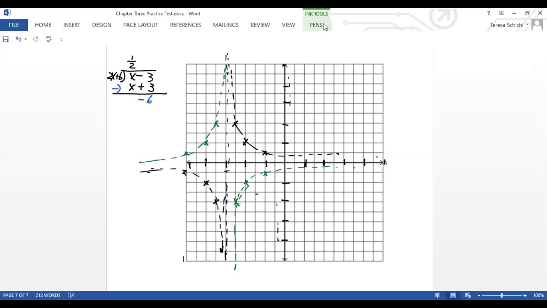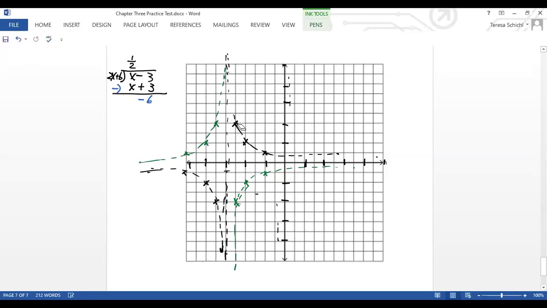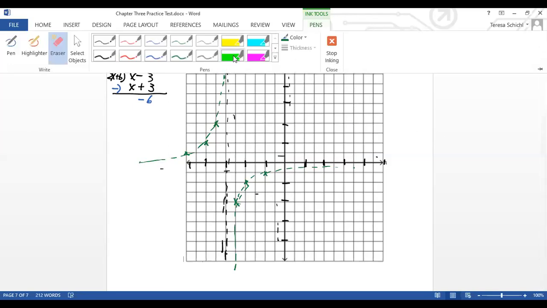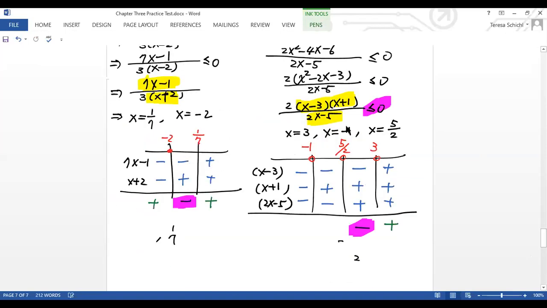Now let me erase my previous one so I don't overcrowd it. Now we have a cleaner space to work. So now the last one, the other one I'm going to do is this 3 here.